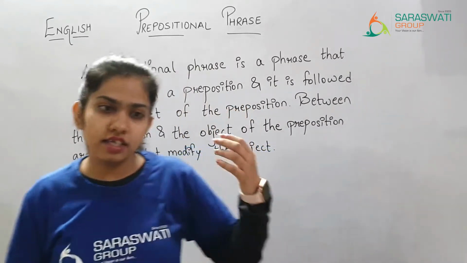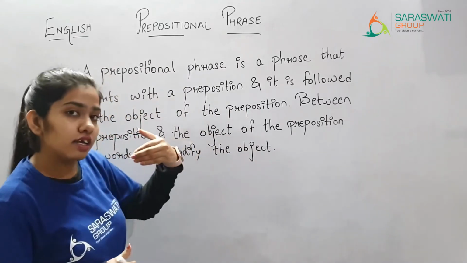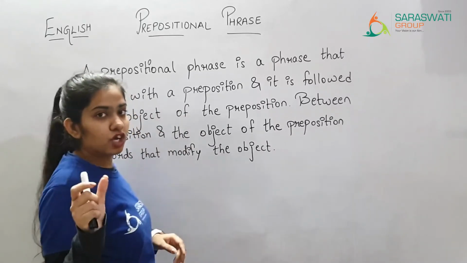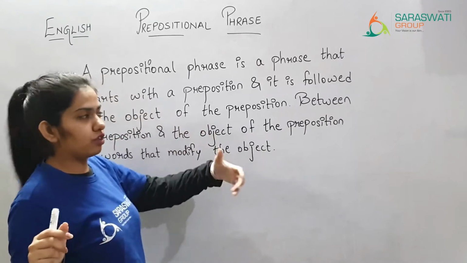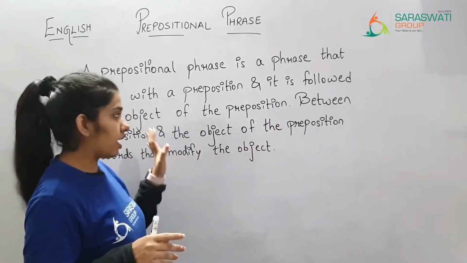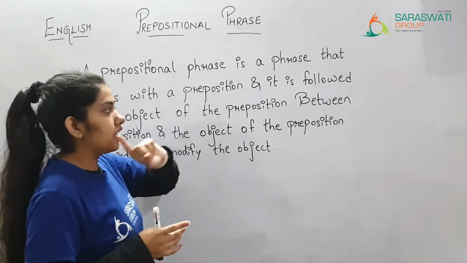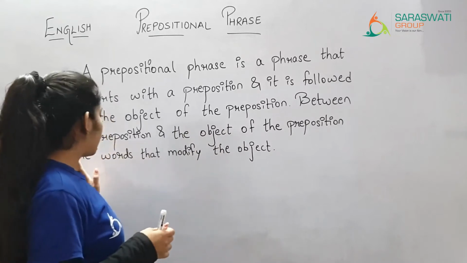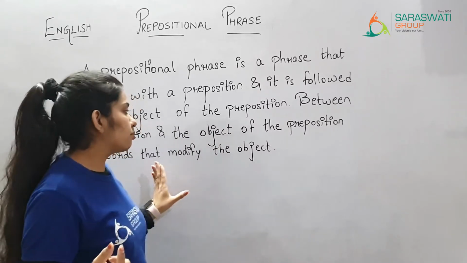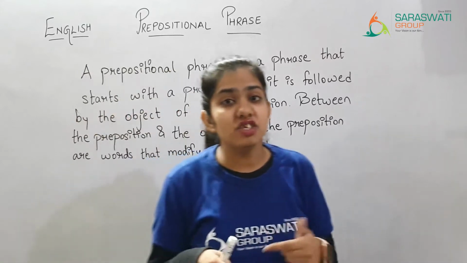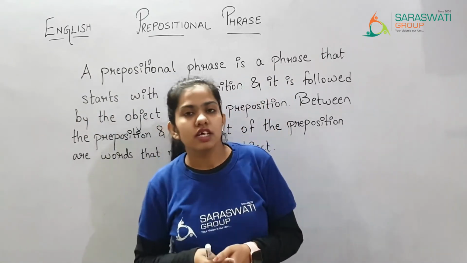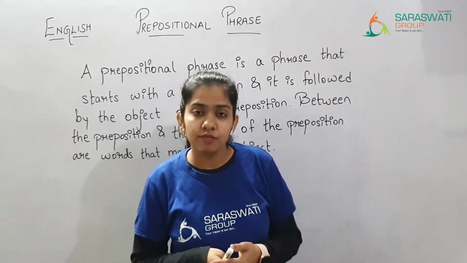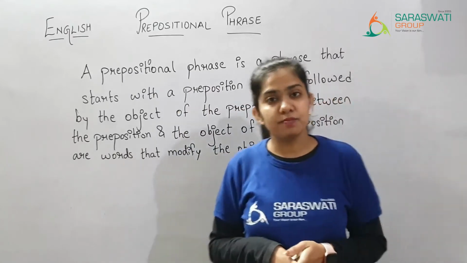The object follows the preposition, and between the preposition and the object of the preposition there are some words that modify the object. They can change the object and bring some modifications to it, right? So such kinds of phrases are known as prepositional phrases.